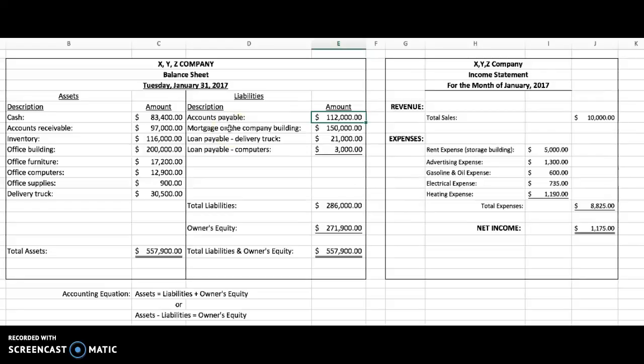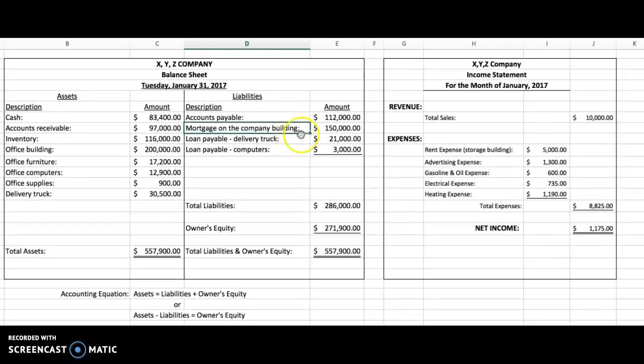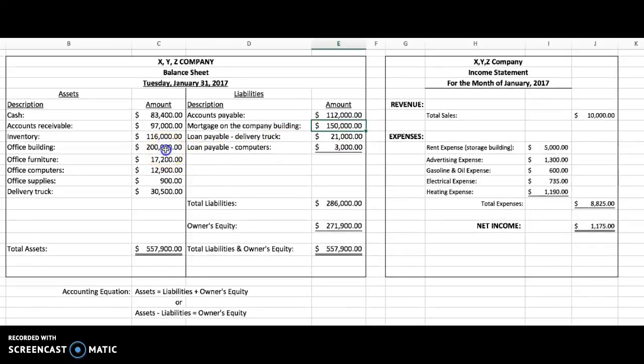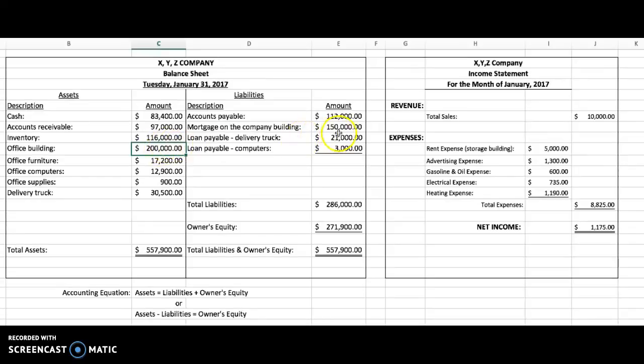Longer terms are sometimes differentiated as longer term liabilities. This is a mortgage. Typically over 15 up to 30 years we have to pay off the company building. So we owe $150,000. The office building is valued over here on the left at $200,000. We owe $150,000.